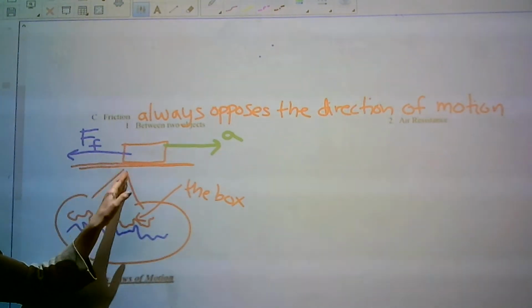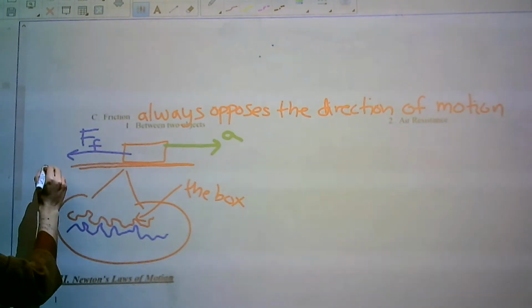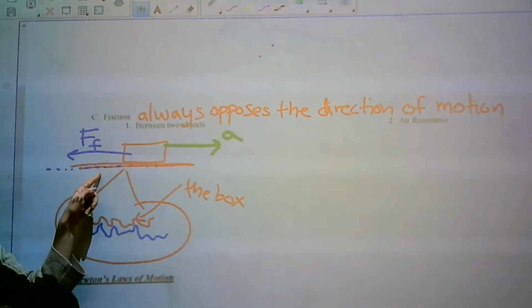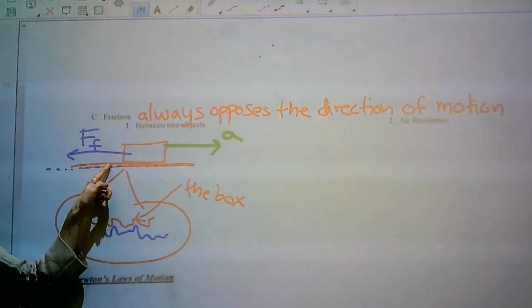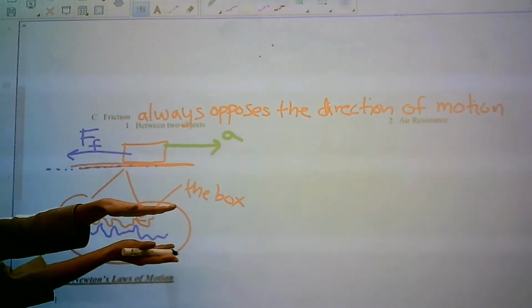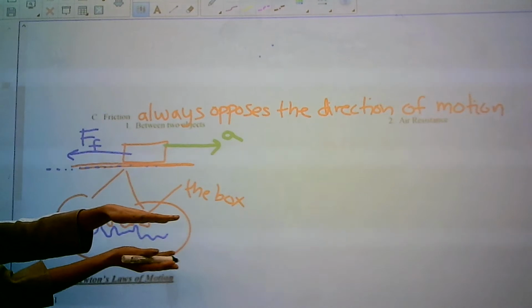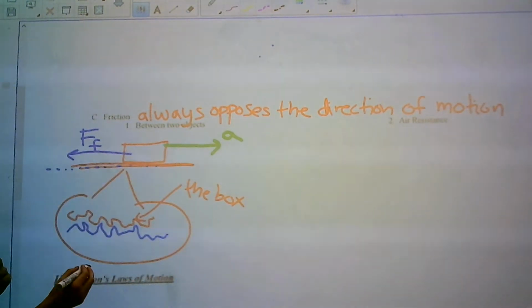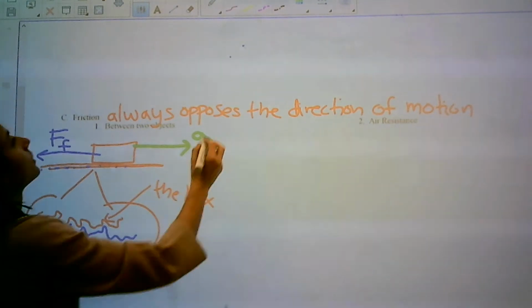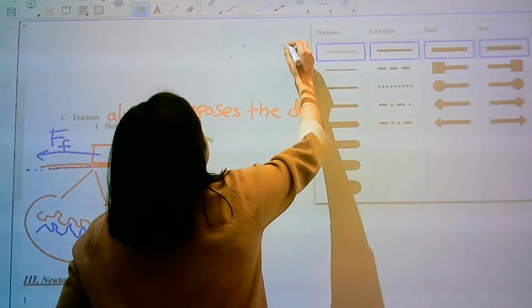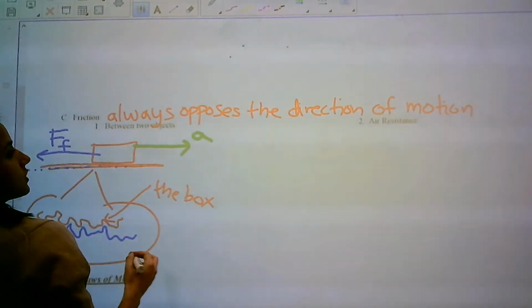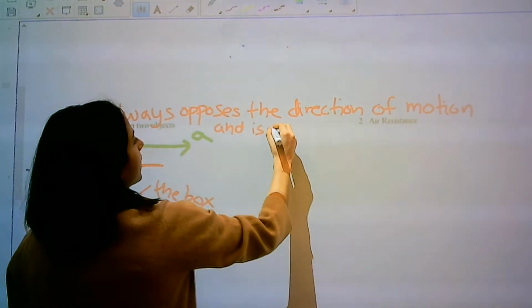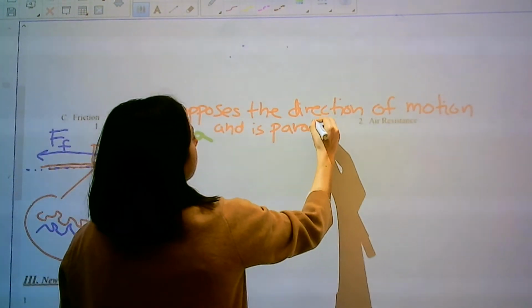I also want you to notice that the force due to friction is parallel to the ground. Remember parallel lines? They never intersect. They're at the same angle. So the force of friction, I'll add that, is always opposed to the direction of motion and is parallel to the surface.